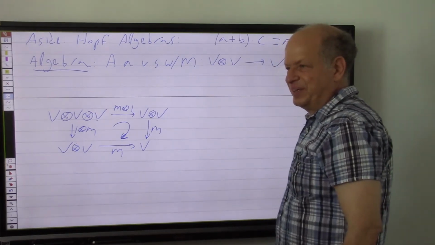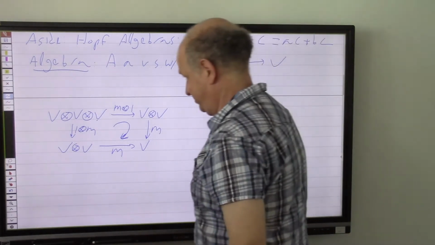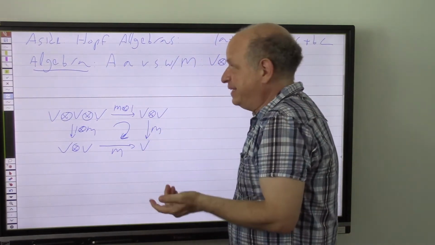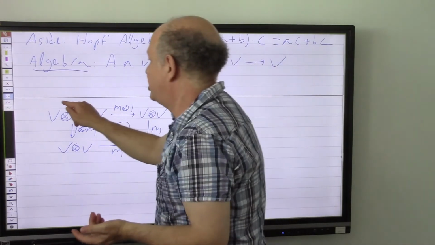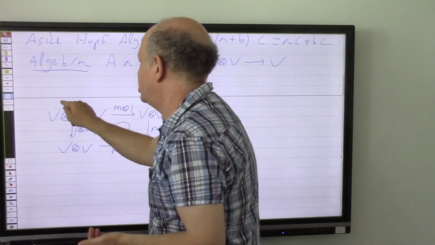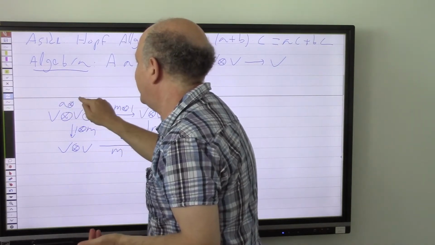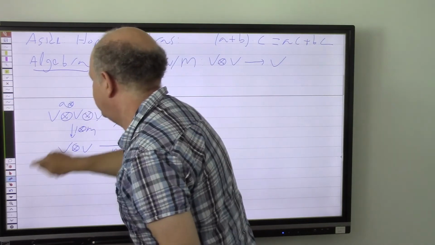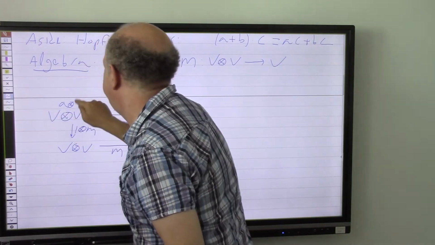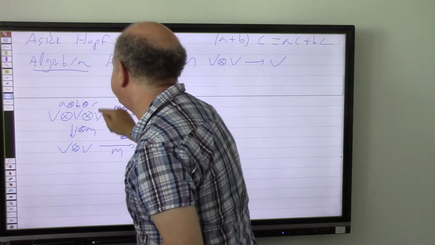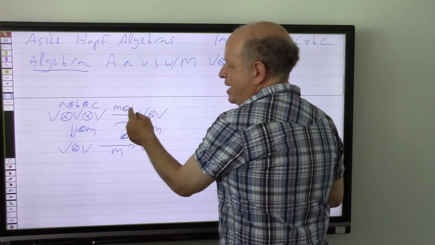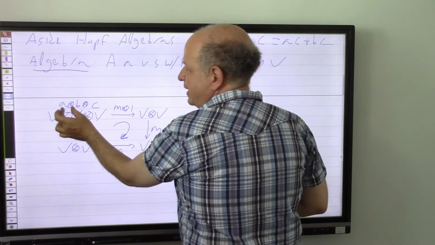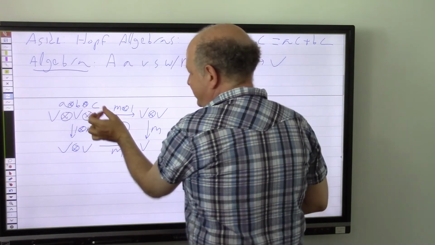Okay? If you don't believe me, let's test it. So look at the generic element here. A generic element will look like A tensor B tensor C. If I apply M tensor 1, then that multiplies A and B and keeps C in place.